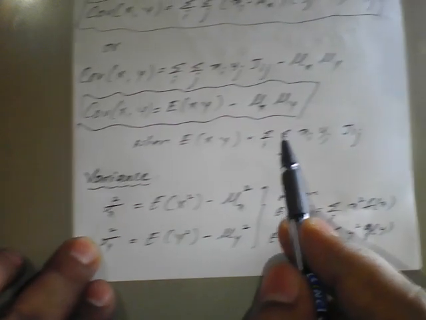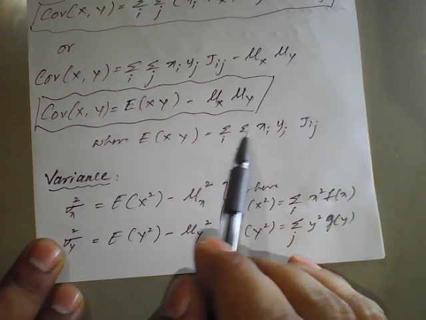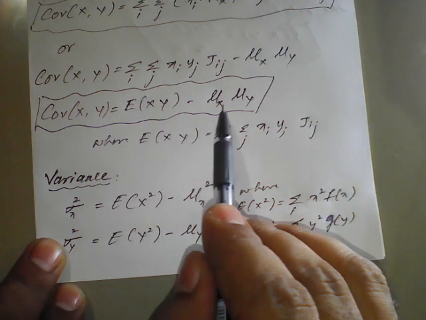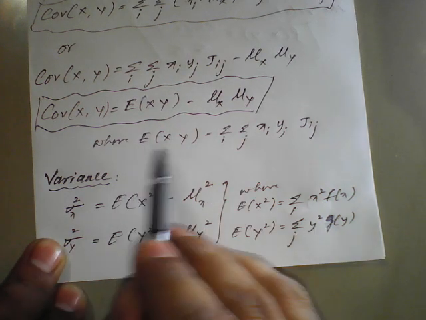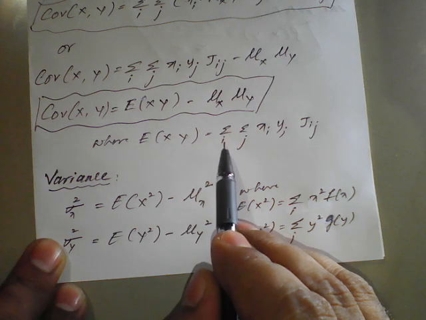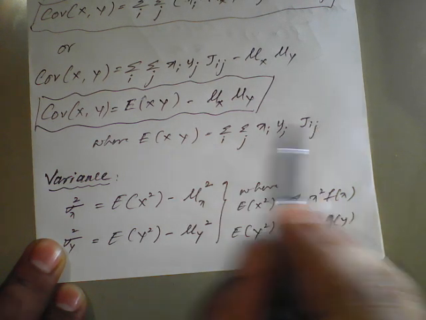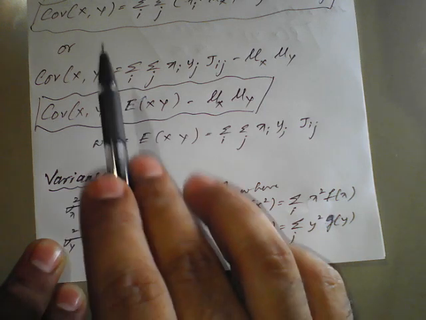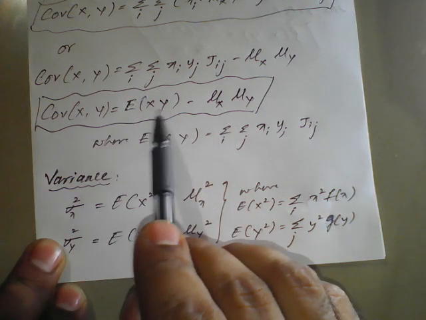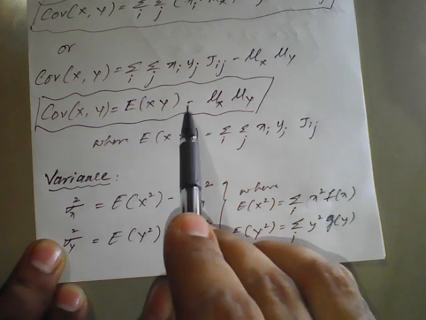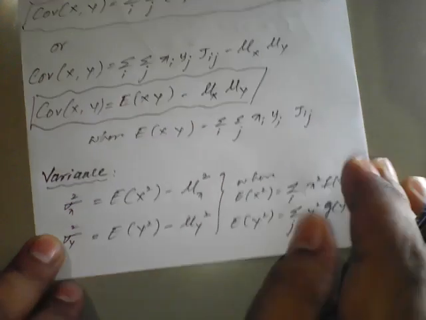If I take one example it will be more clear, but remember what is covariance of xy: it is expectation of xy minus mu x into mu y, where expectation of xy is the summation over i, summation over j of xi yj times f of ij. In this way the covariance formula is described here. So it is better to use the covariance formula as expectation of xy minus mu x into mu y.